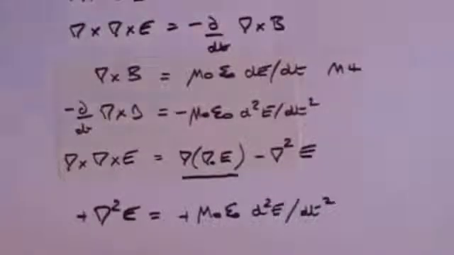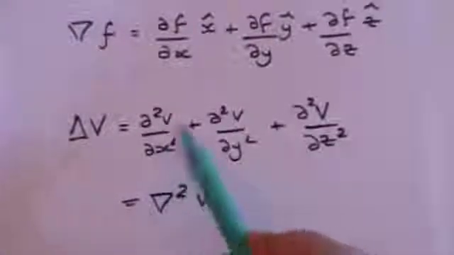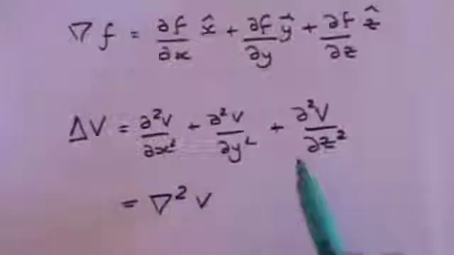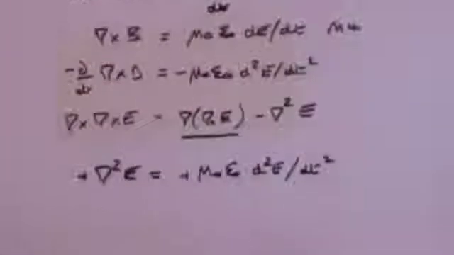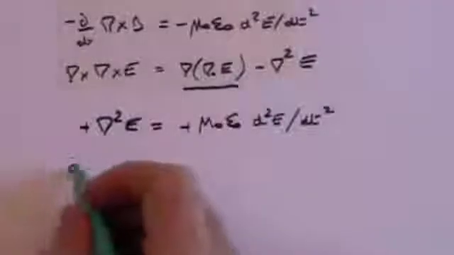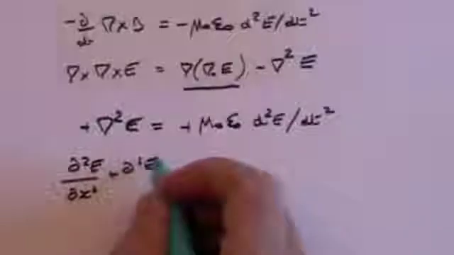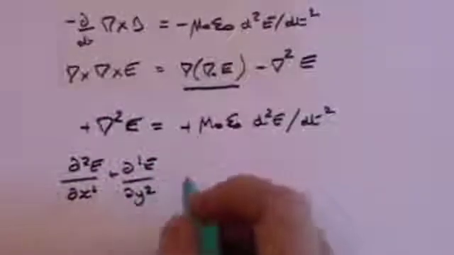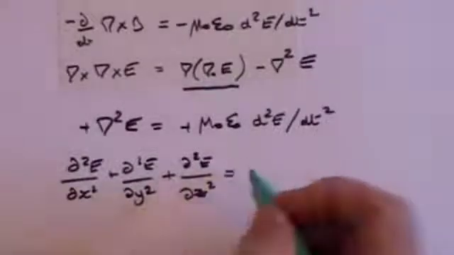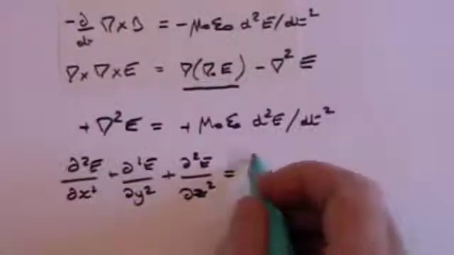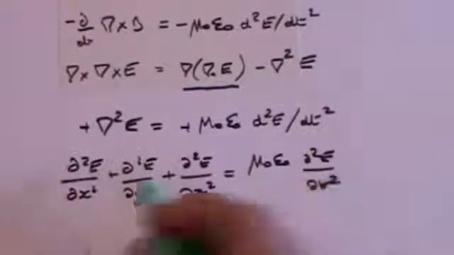And just to remind you what the Laplacian was, it's simply the second differential with respect to the three coordinate directions. So consequently, del squared E is simply d2E by dx squared plus d2E by dy squared plus d2E by dz squared equals mu naught epsilon naught d2E by dt squared.